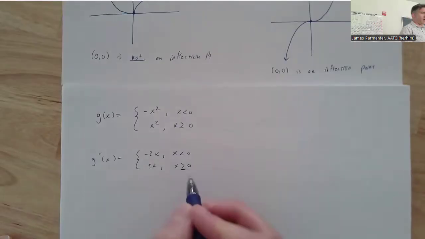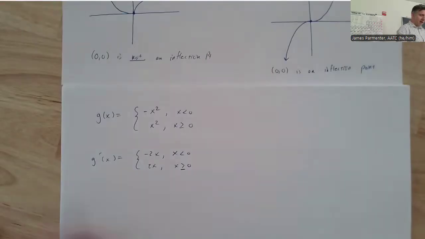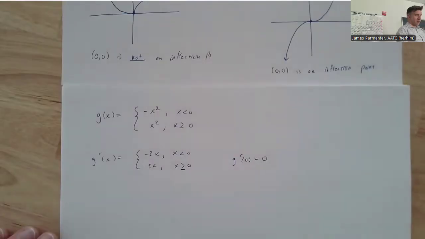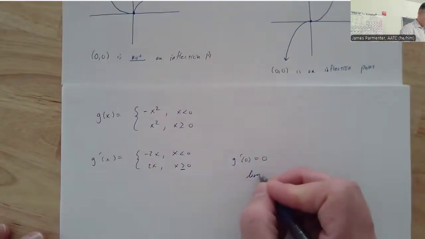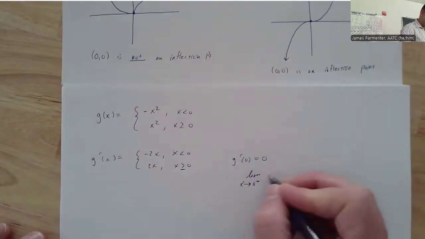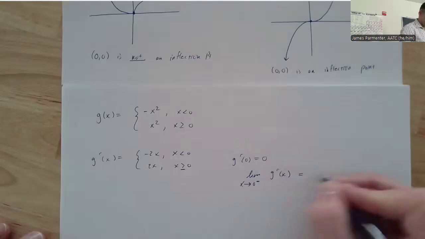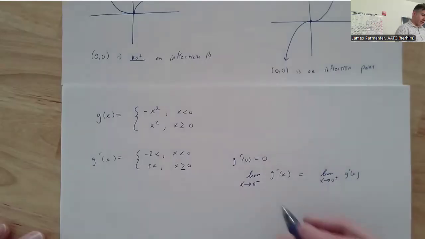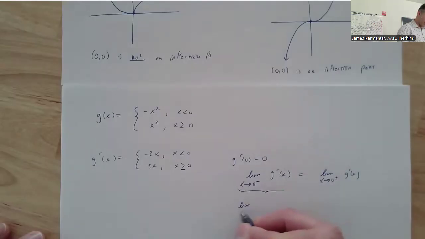But here we can go ahead and add in the greater than or equal to here and say, oh yeah, g prime of 0 is definitely going to be 0 because the limit as x approaches 0 from the left of g prime of x is equal to the limit as x approaches 0 from the right of g prime of x. And those both end up being 0, right? This is just the limit as x approaches 0 from the left of negative 2x.